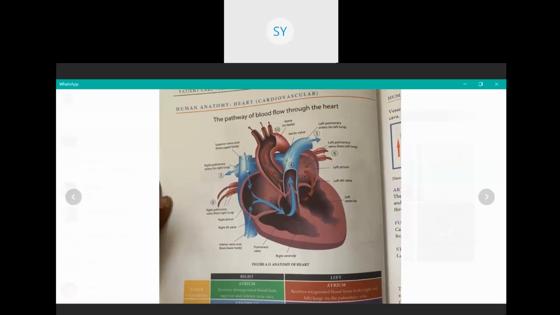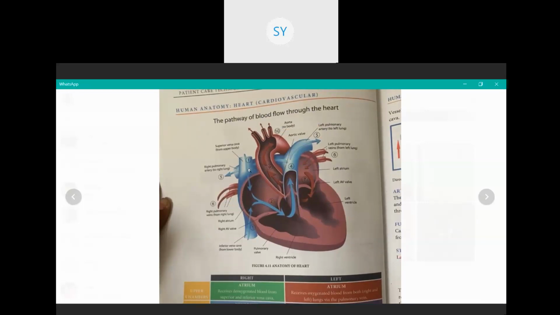We have two types of blood, one is oxygenated and the other is deoxygenated. Blood is always red, but deoxygenated blood means lack of oxygen in that blood, and that blood looks a little bit darker.